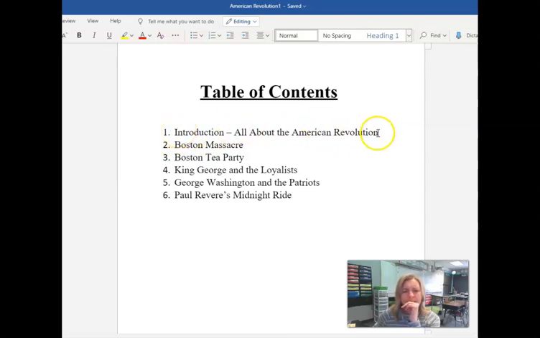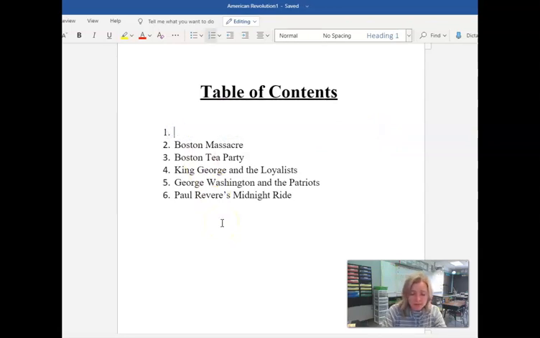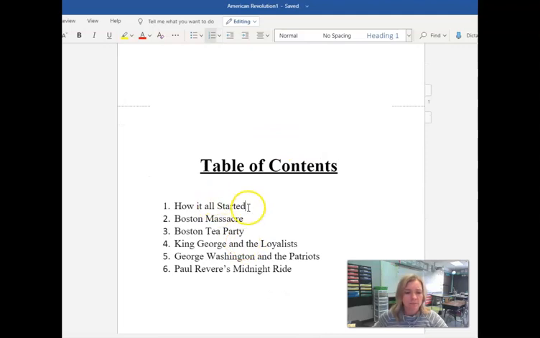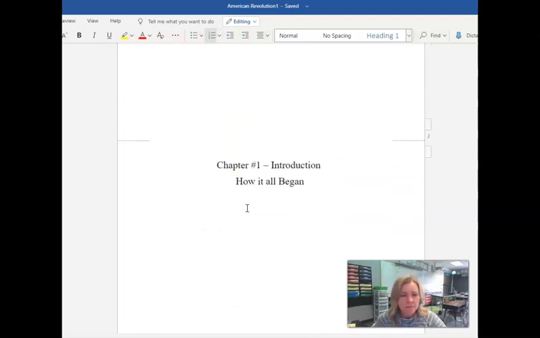I've been thinking that instead of saying all about the American Revolution, because that's really what the whole book is going to be about, I think I'm going to focus on how it started. So I'm going to just change it. And that's the great thing about working on Office 365, is you can always change your mind and do some revising. So how it all started, I think that's going to be my chapter 1. So here's chapter 1 down here. Oh no, how it all began. That's what I wanted to say. I'll change that later. It's fine.